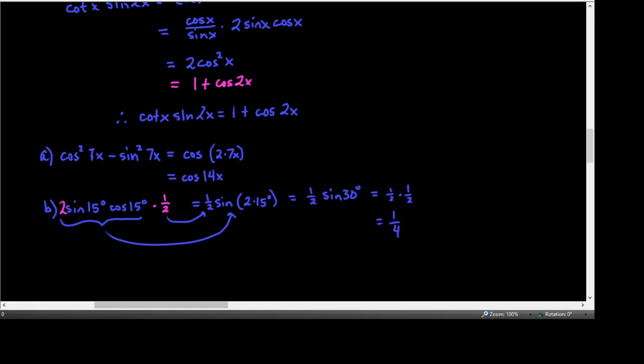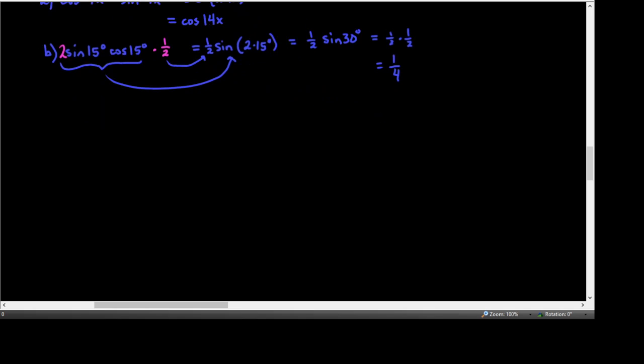Okay, now let's look at the next example. Find the values of the 6 trigonometric functions of theta if cosine of 2 theta is 4/5 and theta is known to be between 90 degrees and 180 degrees. Okay, so to find the functions of theta, we're going to have to go from 2 theta to theta.